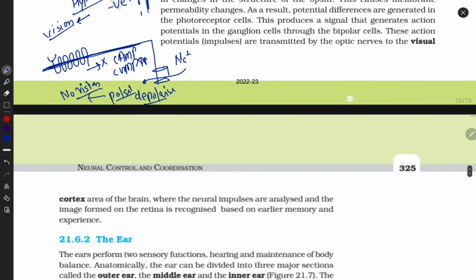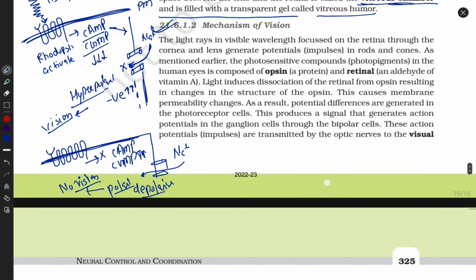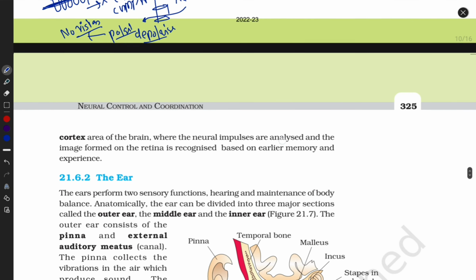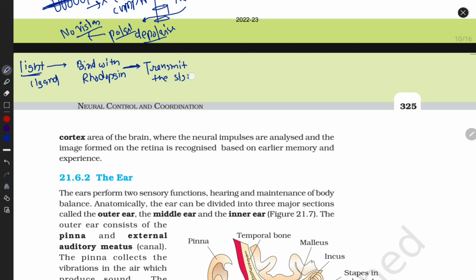No vision. I will draw a flow chart for you guys. Okay, let's draw here. Light works as a stimulus, works as a ligand, and binds with rhodopsin. Then rhodopsin transmits the signal towards secondary messengers.